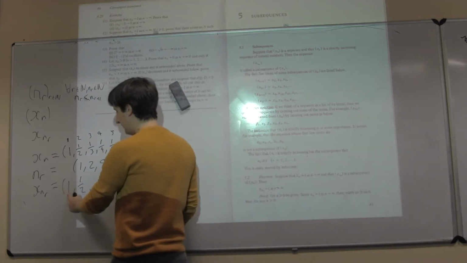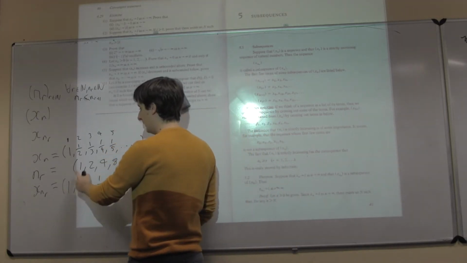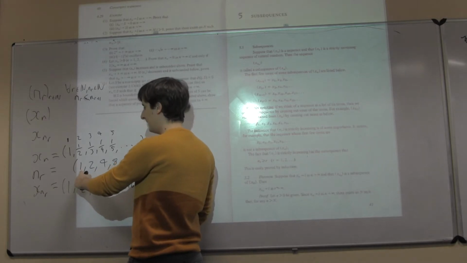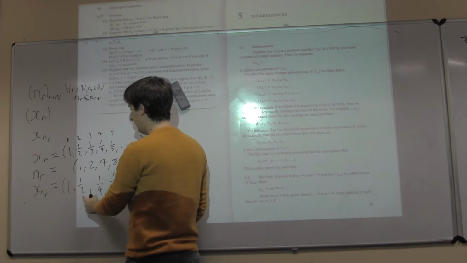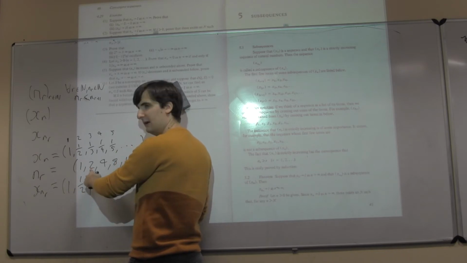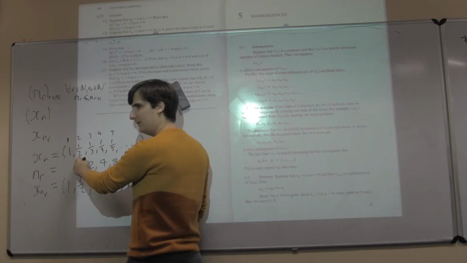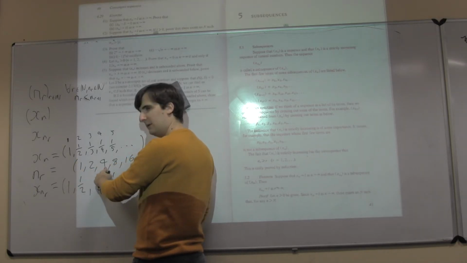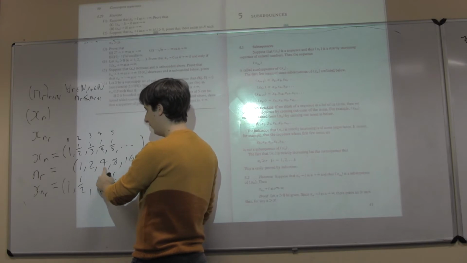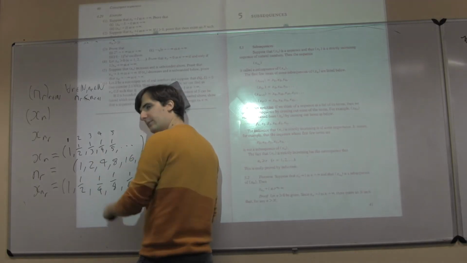The first element of n_r says take element 1, so we take element 1 from that sequence. The second element of n_r says take element 2, so we take that one. The third element of n_r says take element 4, so we take that one.